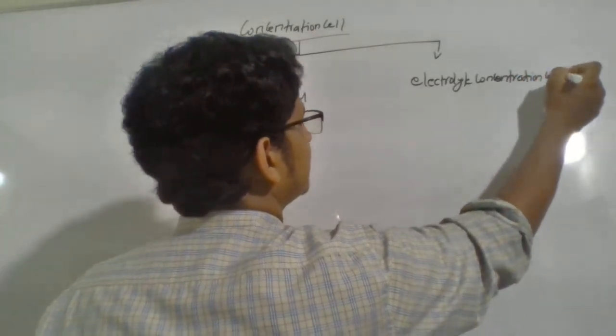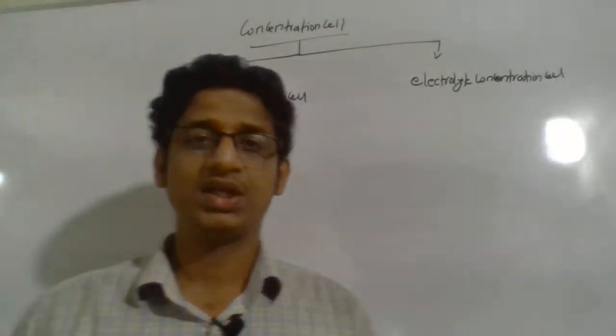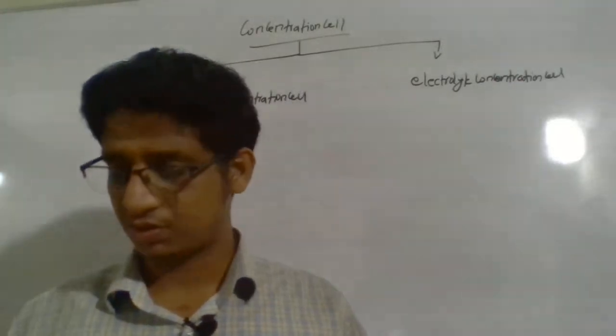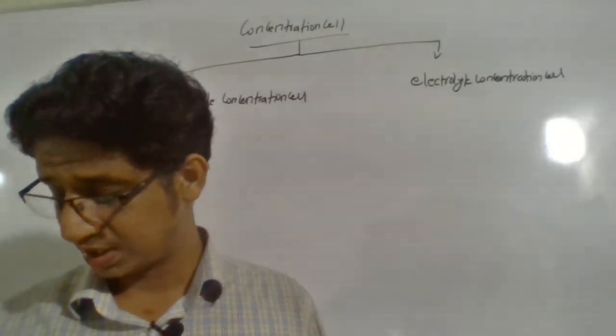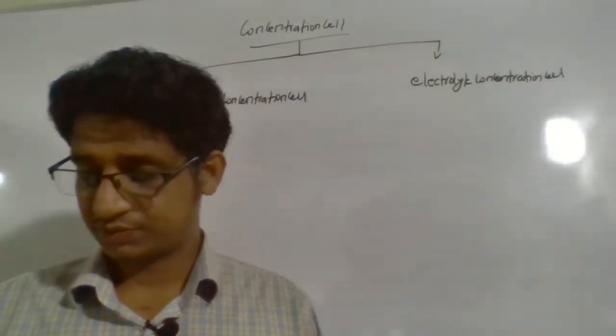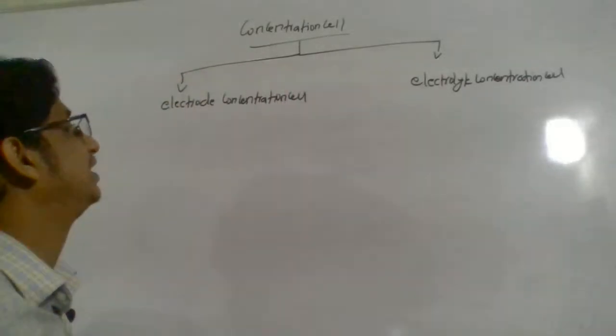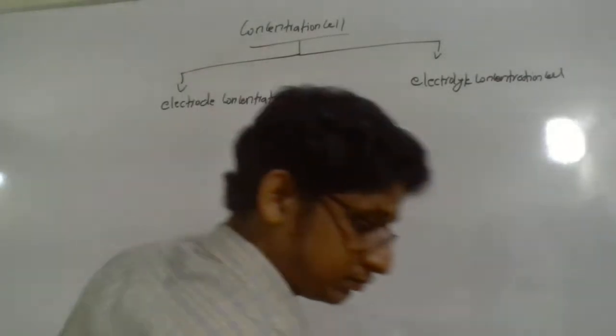In an electrode concentration cell, the concentration that varies is the electrode concentration, and in the electrolyte concentration cell, the difference in electrolyte concentration is the driving force for the generation of electricity. So let us start with the electrode concentration cell.